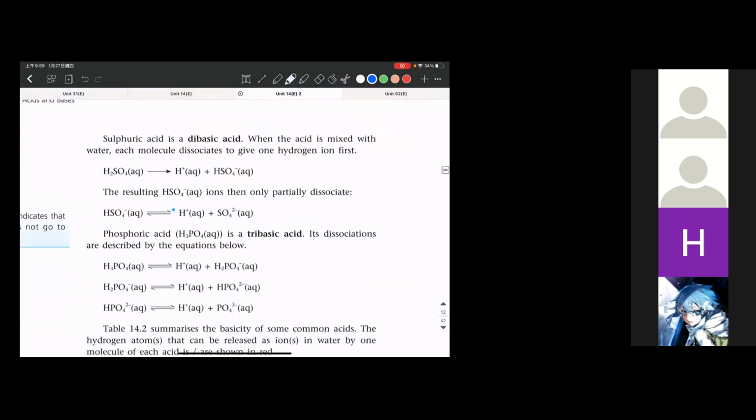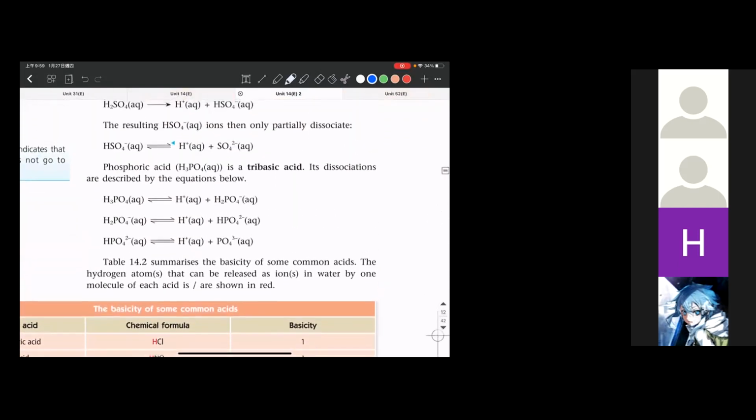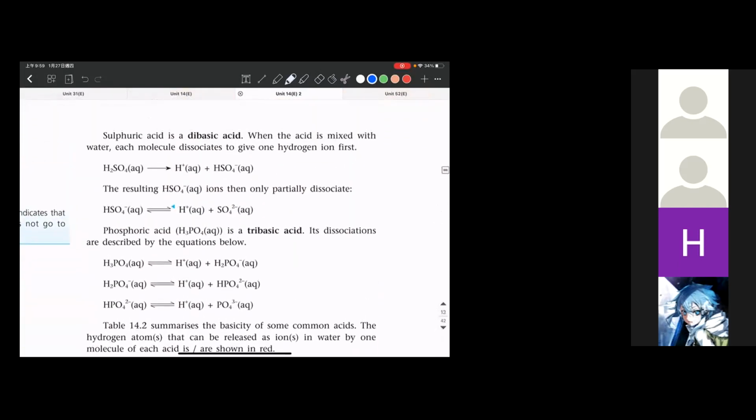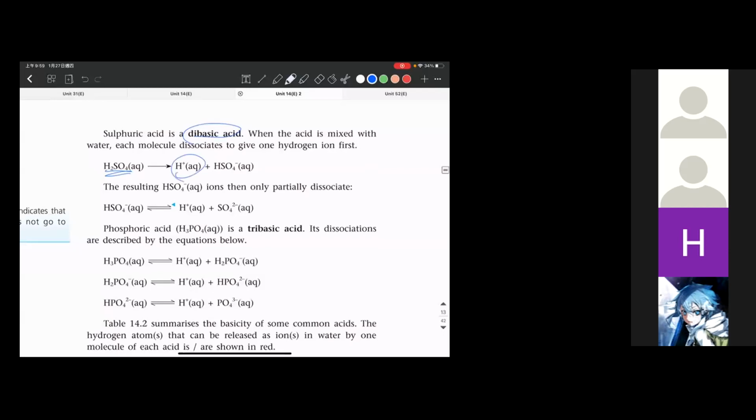So I would like to show you this diagram for H2SO4. We call it a dibasic acid, because once it dissolves in water, it will form two hydrogen ions. Phosphoric acid is a tribasic acid, because once it is dissolved in water, per acid molecule, it produces three hydrogen ions.